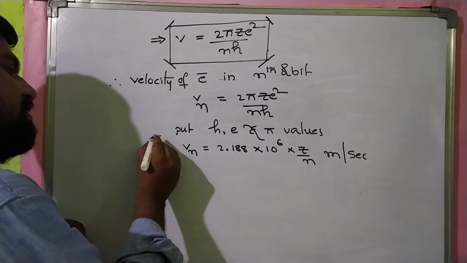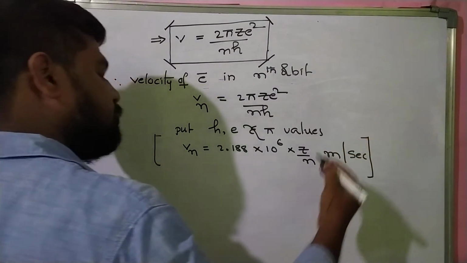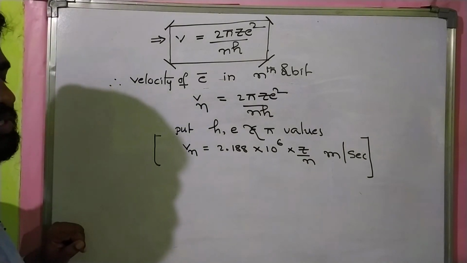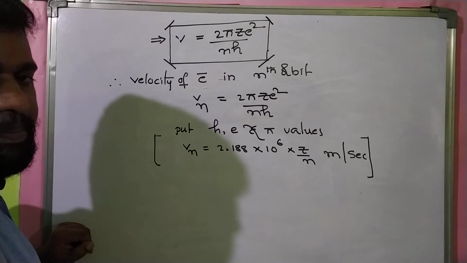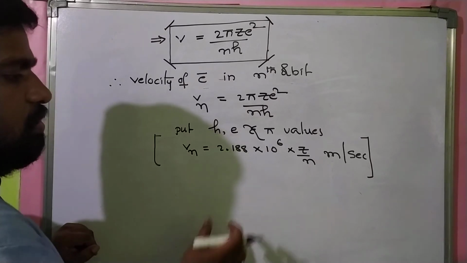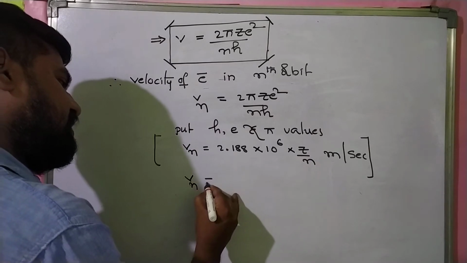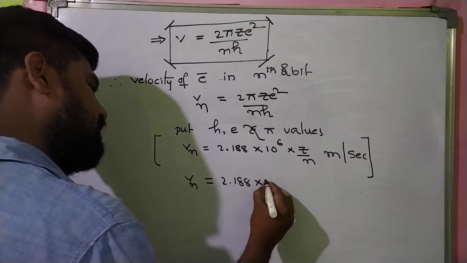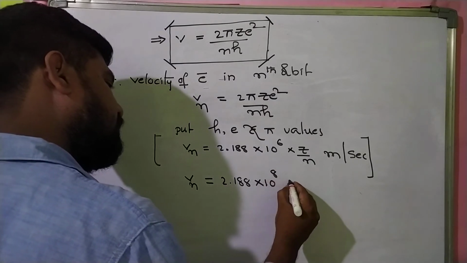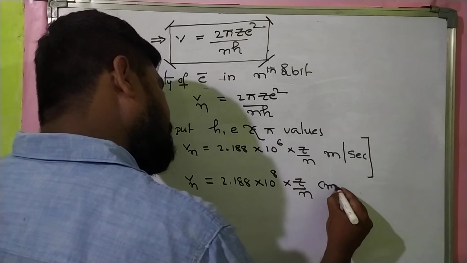Atomic structure is very, very important and somewhat tough compared to other lessons, because it has a vast number of principles and formulas. We can also write vn equal to 2.188 into 10 to the power of 8 into Z by n centimeter per second.